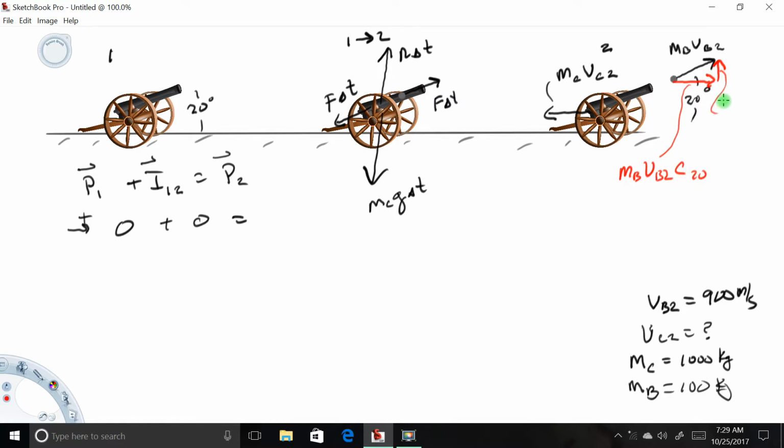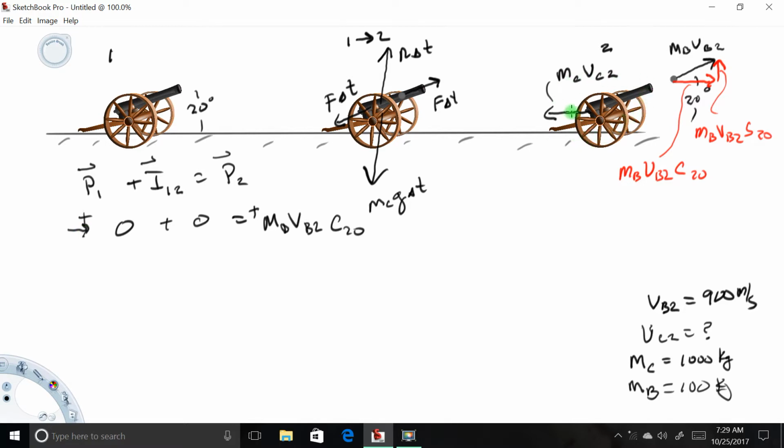This vector component is opposite the 20-degree angle, so it's going to equal MB VB2 sine 20 degrees. So when I get back to this momentum equation for the x direction, this is the component I want for the ball. Mass of the ball, velocity of the ball in picture 2, times the cosine of 20 degrees. This term would be positive because this vector points right, and I'm doing right positive.